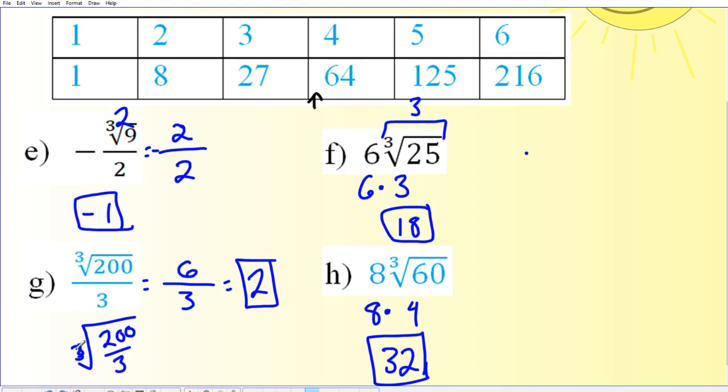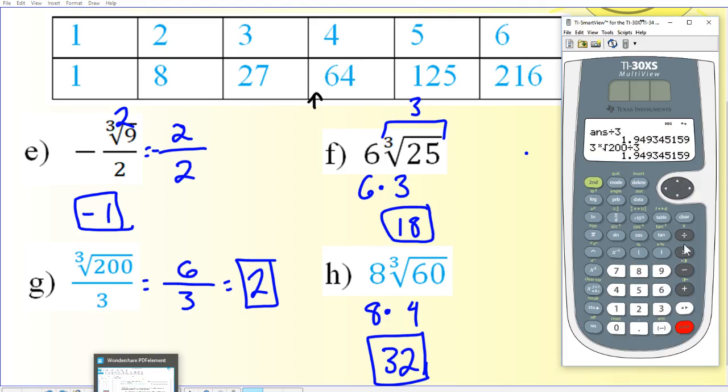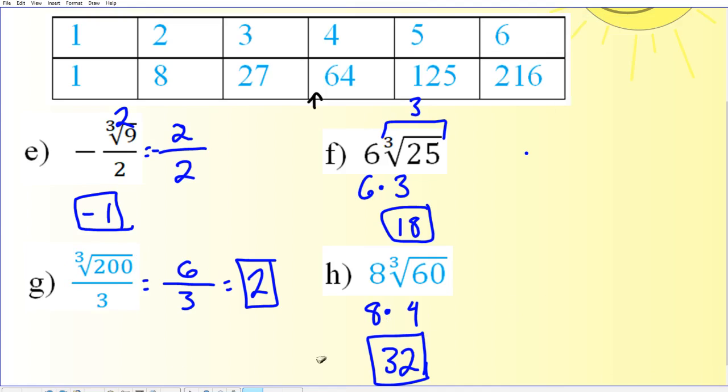Because the cube root of 200 divided by 3 and the cube root of 200 over 3 are not the same problem. These will give us 2 very different answers. And I wasn't sure which way the calculator would do it. So, if in doubt, just to be careful, do it the way you would do it by hand. Take the cube root first, get the answer, then divide by 3. Okay?